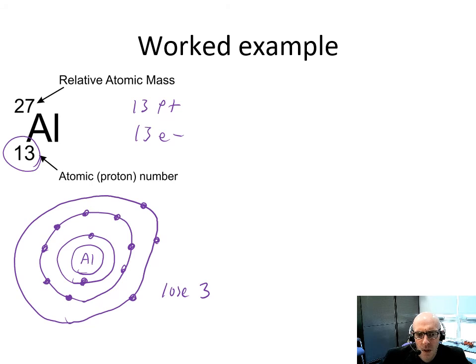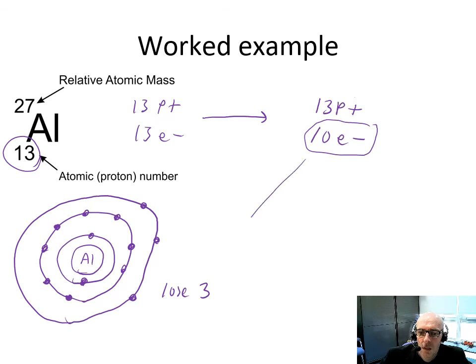And then I go, well, hold on, if it's lost 3 electrons, it still has 13 positive protons, but it now only has 10 electrons that are negative because it's lost 3 down there. That means aluminium has a charge of +3.